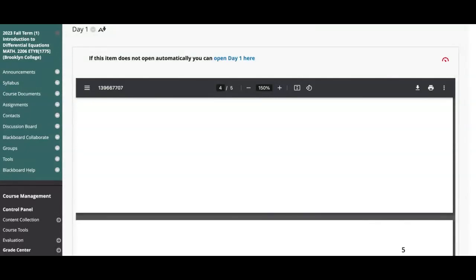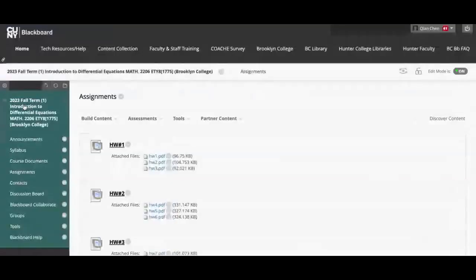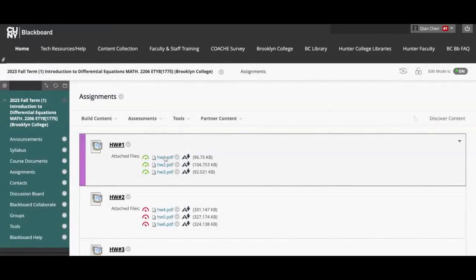Catherine is trying to make a group study. That's nice. Sure. And you can speak to me after class. Now let's see the homework. Let's see assignment 1.